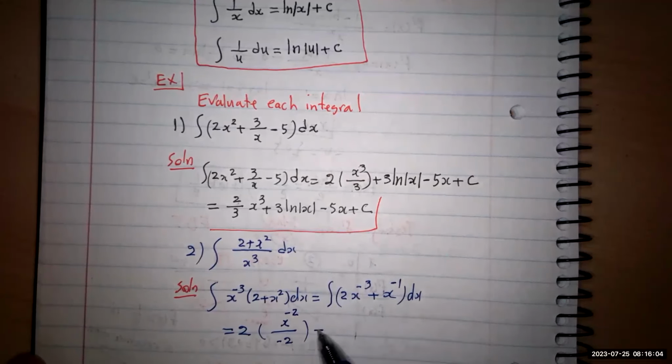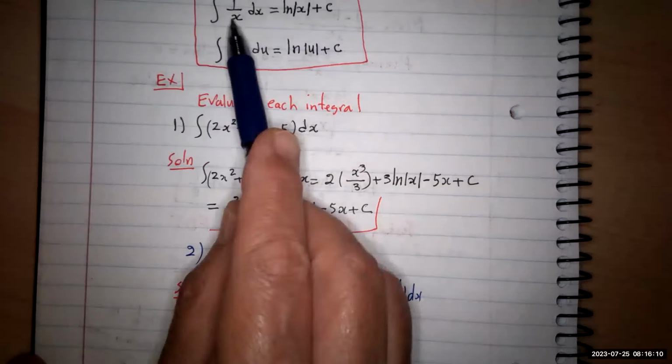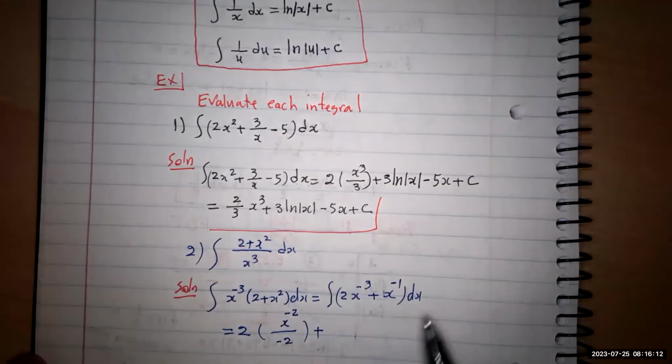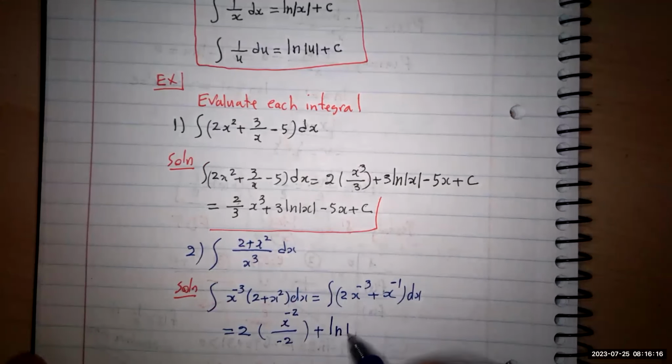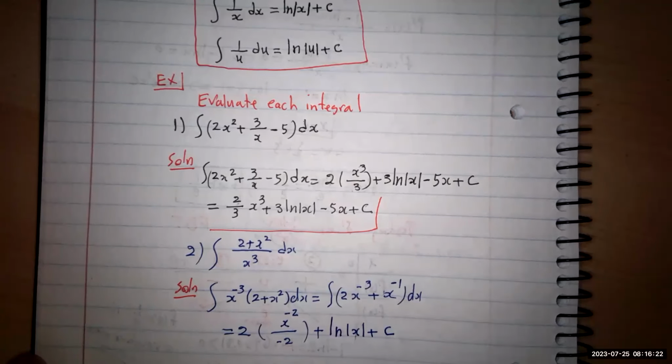Plus, now x to the negative 1, you cannot use the power rule for this one, but we know that x to the negative 1 is just 1 over x. So the integral of x to the negative 1 would be ln of the absolute value of x plus the constant c. Previously we couldn't do it because we didn't have the formula. We can use the power rule all the time, but you cannot use it when the power is negative 1.